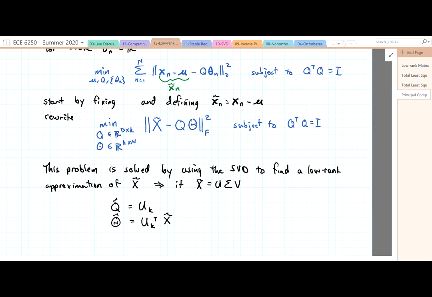So here we have that U_k is equal to u1, u2, up to uk, the first k columns of U.